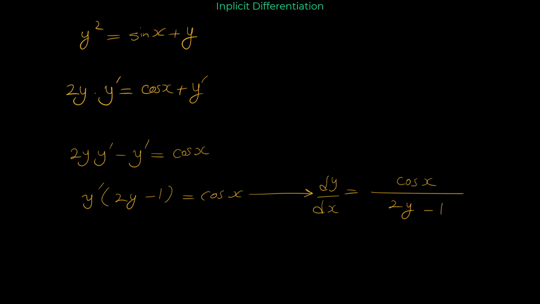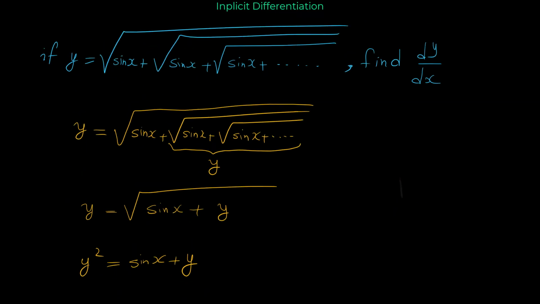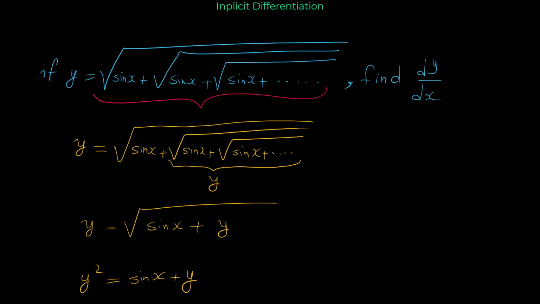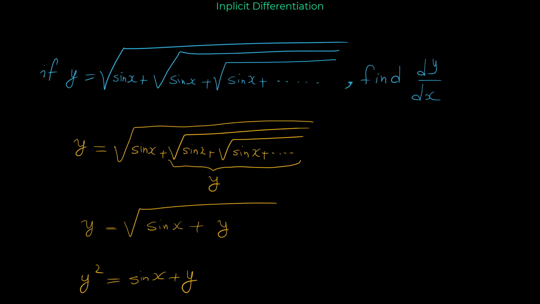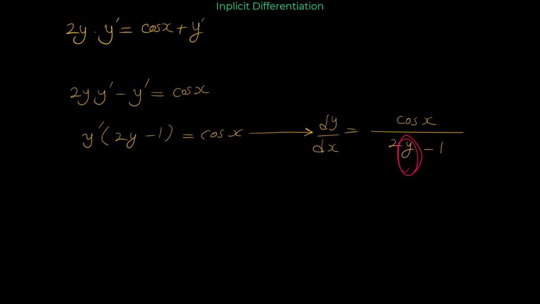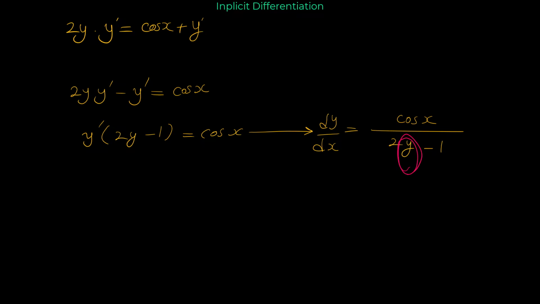But attention, if you want, you can replace this y here with this expression. Don't forget, y is basically this. So if you want, you can write your final answer in this form as well.